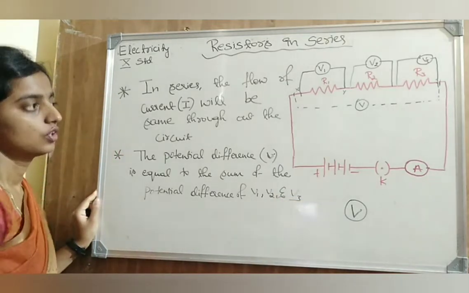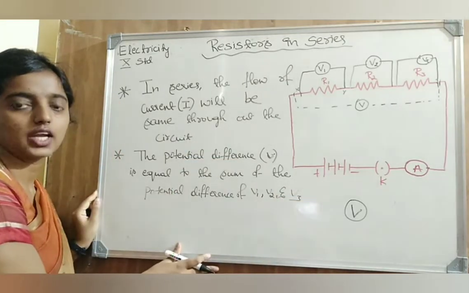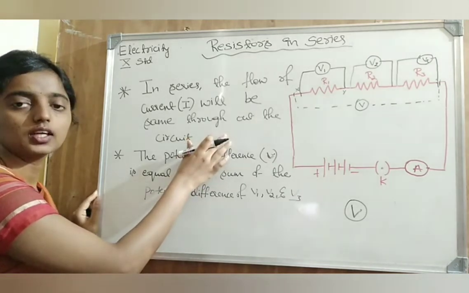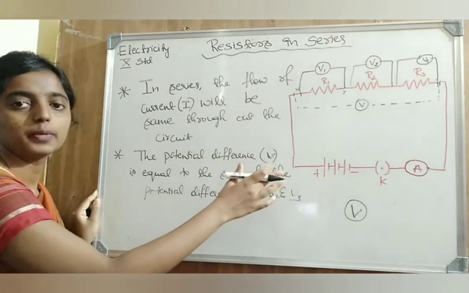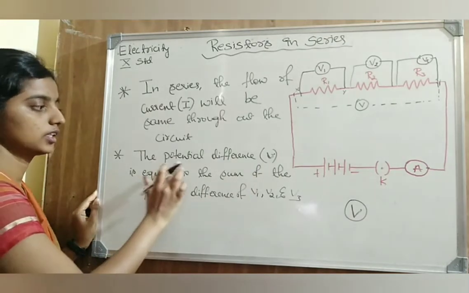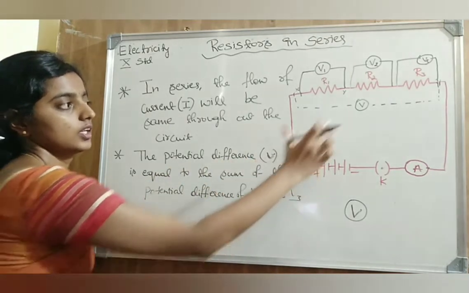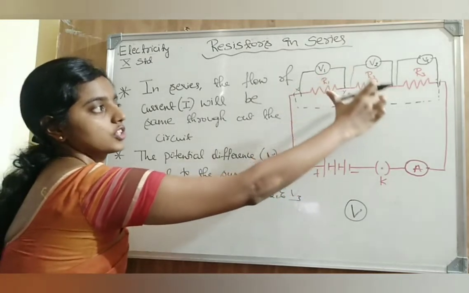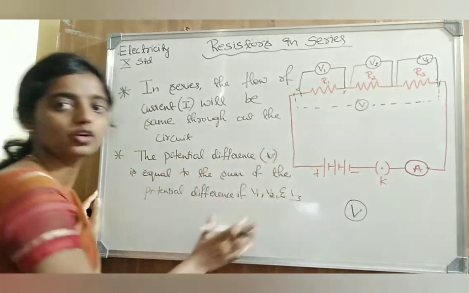Now these are the two important statements. The first one states that current in a series circuit will be the same throughout, and the second statement states that the potential difference V equals the sum of the potential differences V1, V2 and V3.